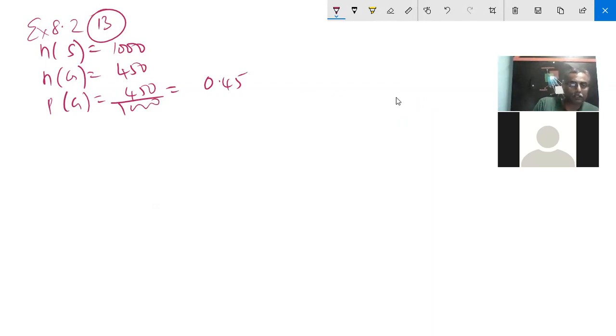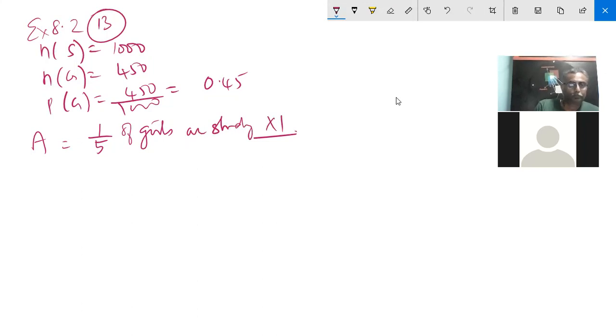What is the event A that has happened? It is known means event A has happened. 20% of the girls, that means 1/5 of the girls are studying in 11th standard. That is the event.